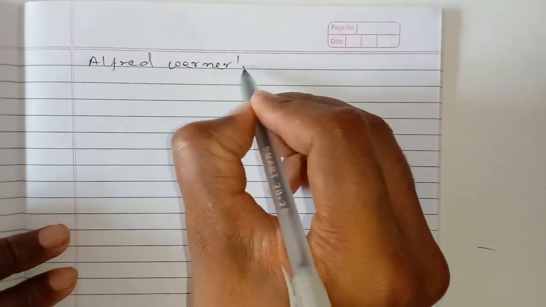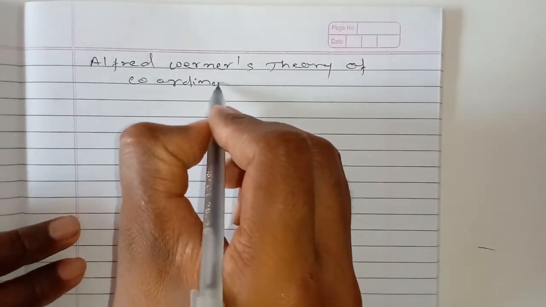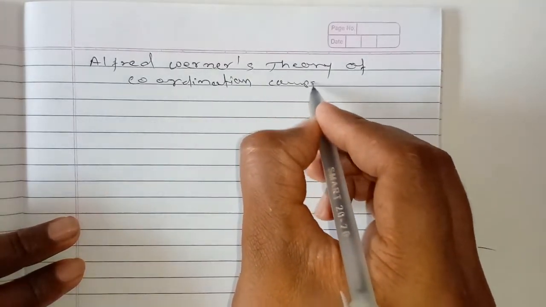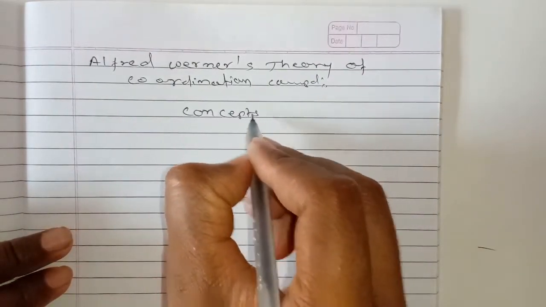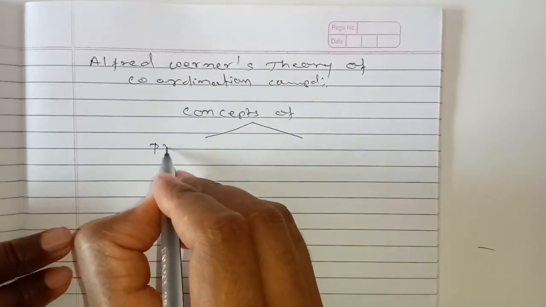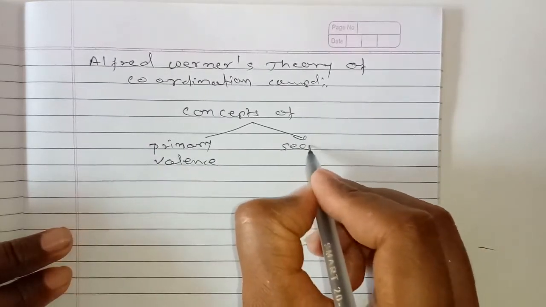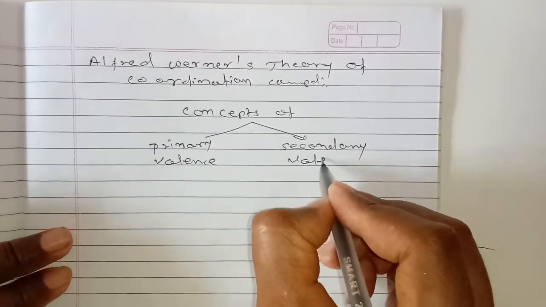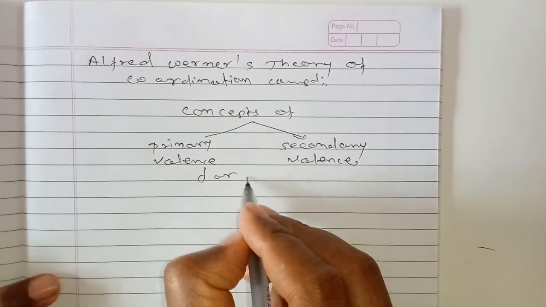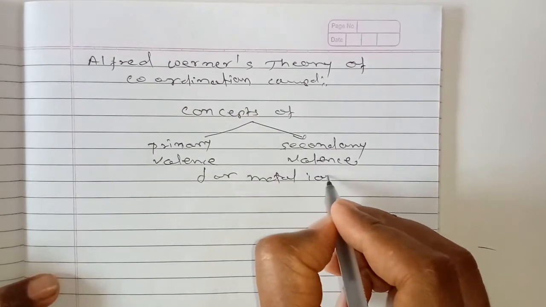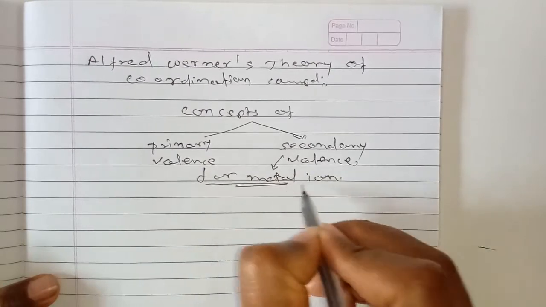So here, Alfred Werner's theory of coordination compounds: he proposed the concept of primary valence or secondary valence for metal ions.